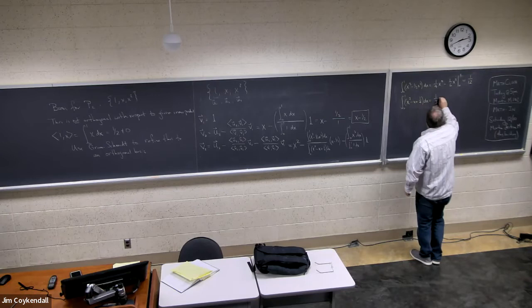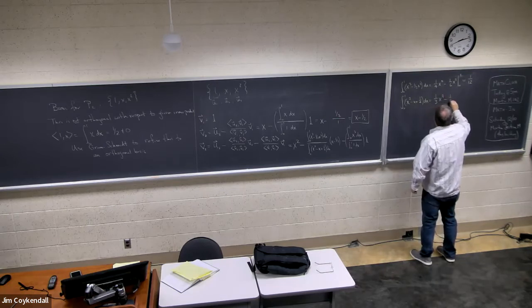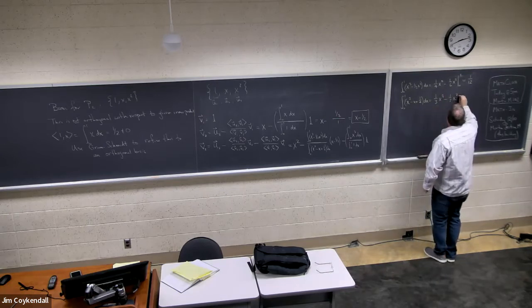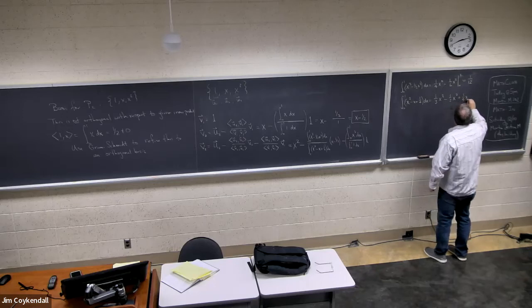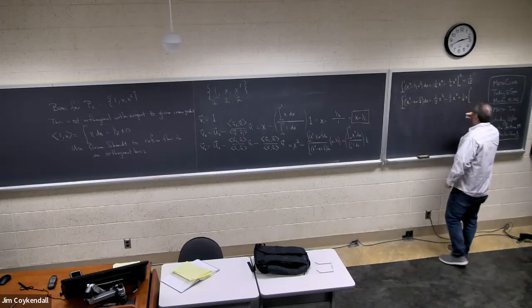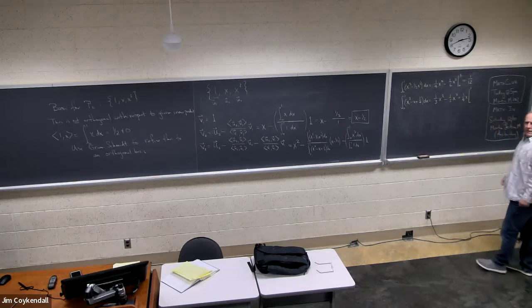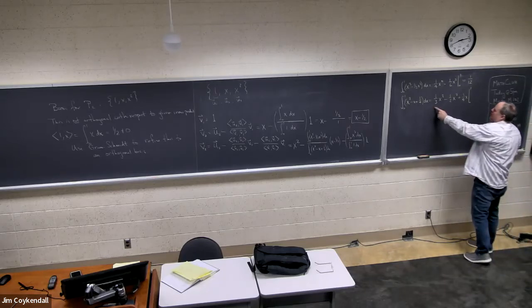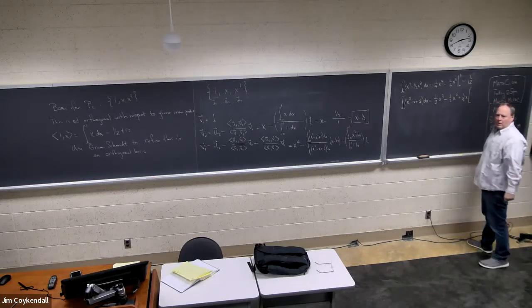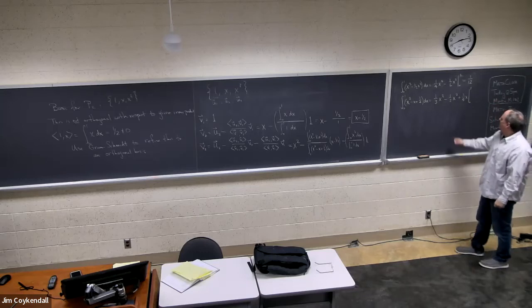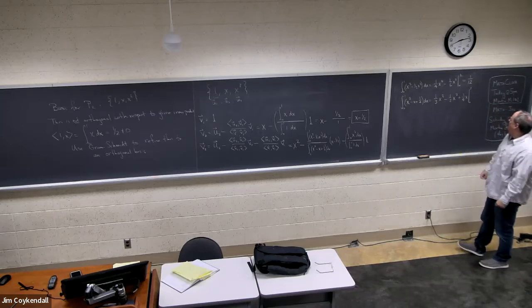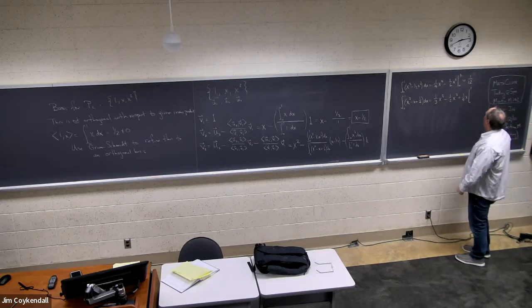This is 1/3 x cubed minus 1/2 x squared plus 1 x evaluated from 0 to 1. So this is 1/3 minus 1/2 plus 1/4. So that's going to be minus 1/6, and 1/4 is going to be, yeah, so that's going to be 1/12 as well.